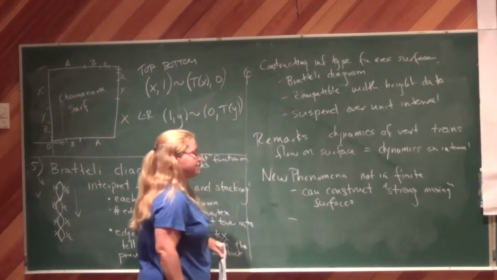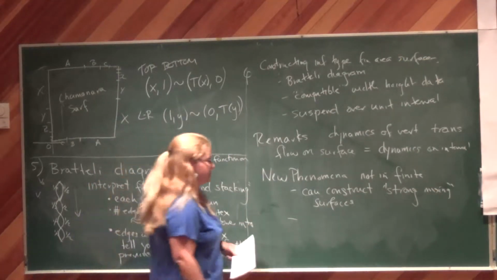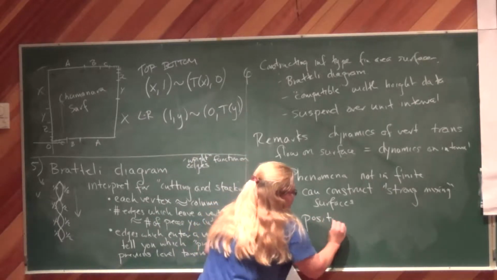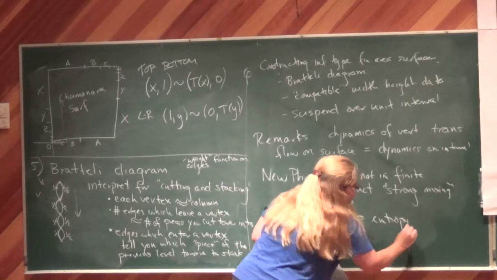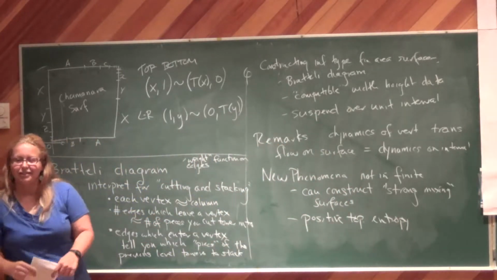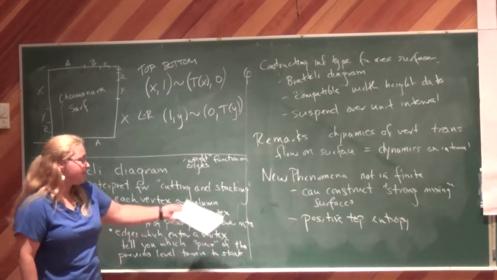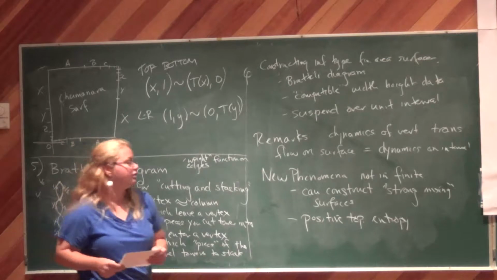Also, we can construct surfaces where this flow has positive topological entropy. Whoa. Which again does not occur in the finite compact case. And in fact, these things are, in whatever the appropriate sense is, quite common.